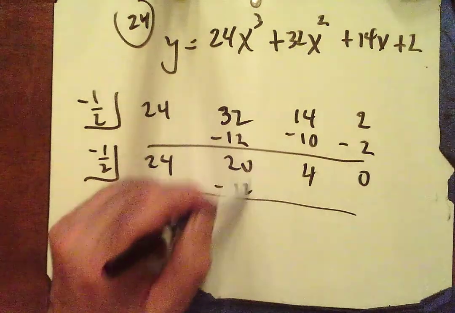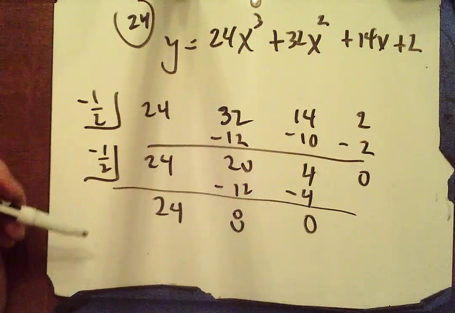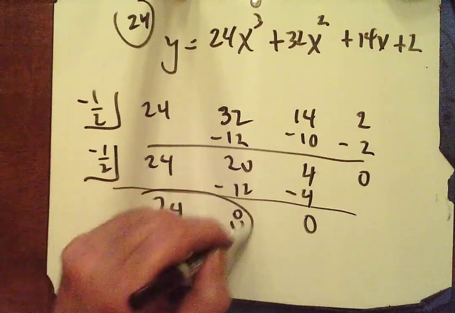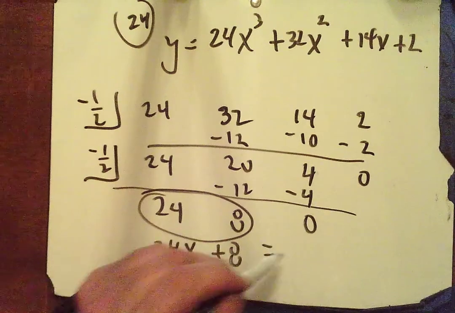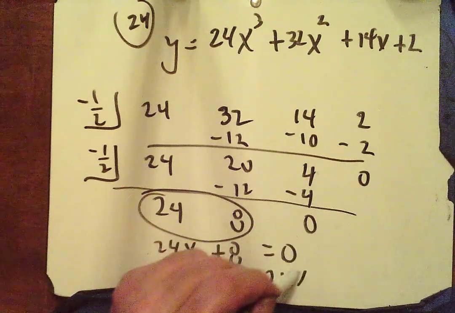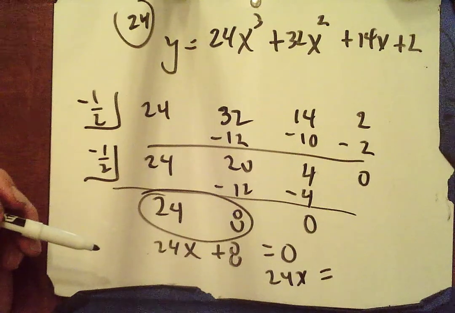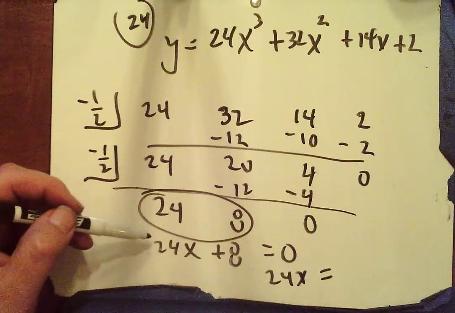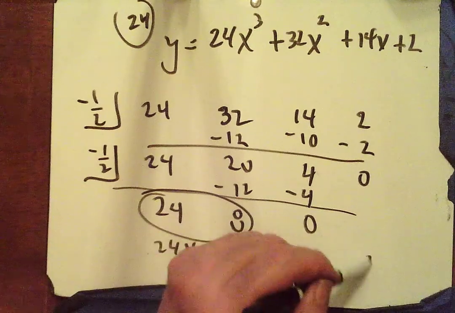That's negative 12, that's 8, that's negative 4, and 0. And what's this? 24x plus 8. Well, that's going to be 24x. Whoa! That's not 1/2. That's negative 1/3.